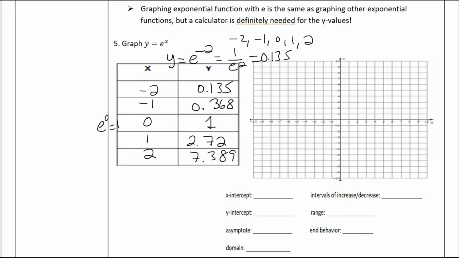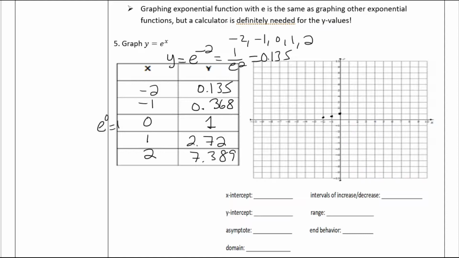So now we can go ahead and plot this. We're going to plot this the best we can. These are decimals after all. So when we plug in -2, we got 0.135, which is very small. For -1, 0.368, again, very small. It's less than half, but we're going to do the best we can. And then 0 and 1.